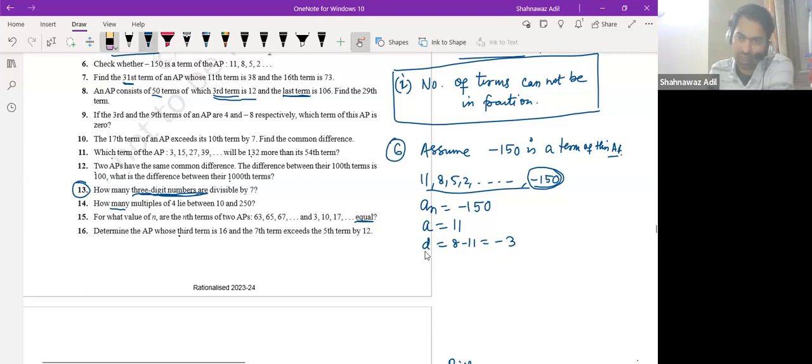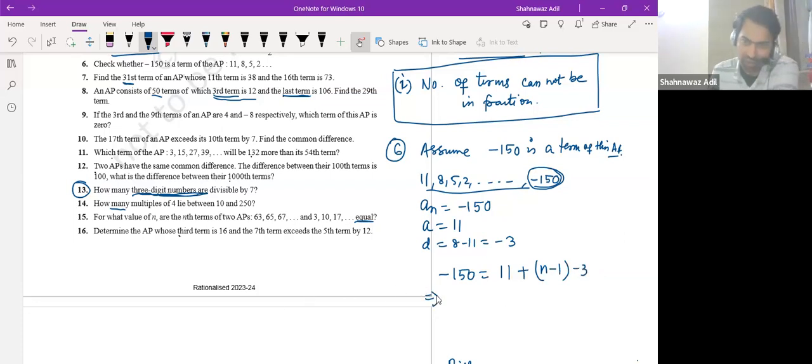Let me write whatever you have written. Good. So a plus n minus 1 into d. This part was correct. And always write this formula. All of my students, every one of you, don't write this, right?